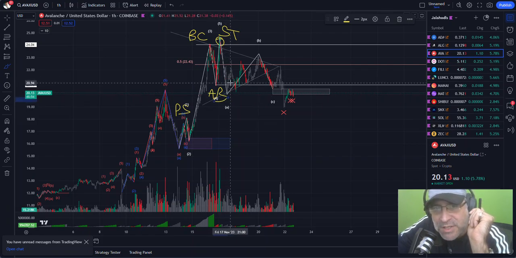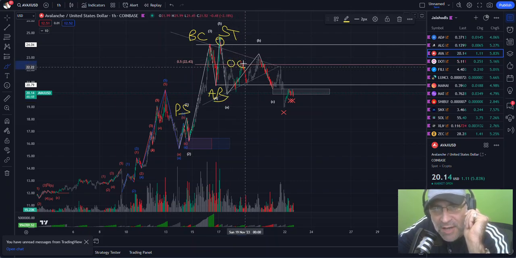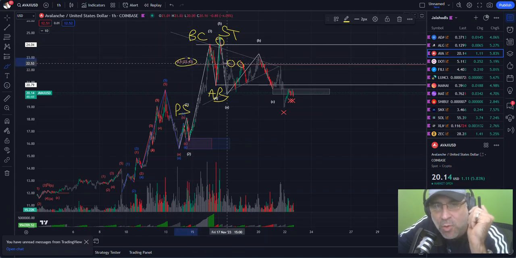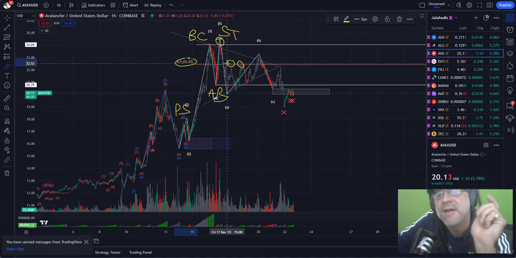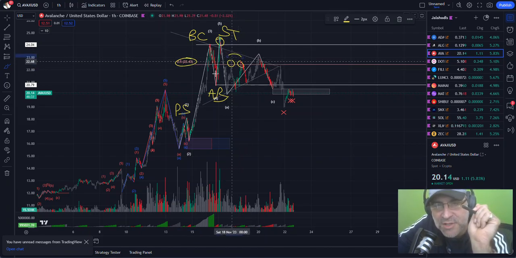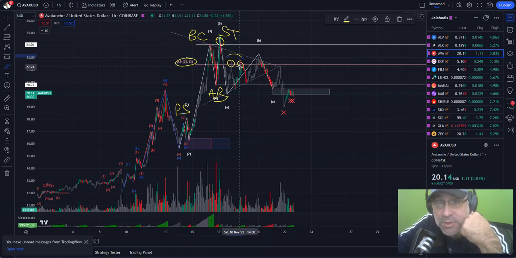But what we see after this is a failure to break the 0.5 Fibonacci. Now, the 0.5 Fibonacci is the trading range midpoint. And usually in these distribution ranges, if the market maker sentiment is to distribute, they will very rarely pump the price. The price will not find any value above the 0.5 Fibonacci. It's kind of like what we're seeing here.